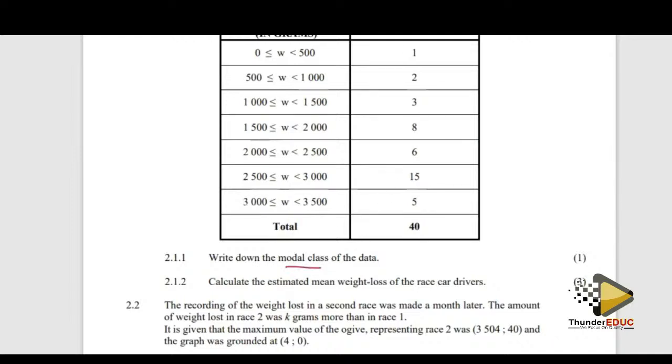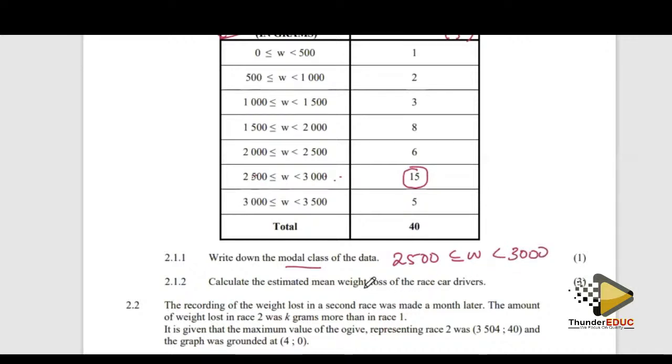Now remember, the number of drivers will represent the frequencies. So these intervals are representing our classes. So the highest frequency that we are seeing is the 15. So this interval becomes the modal class. So we're going to say 2.5 is less or equal to the weight and less than 3,000.